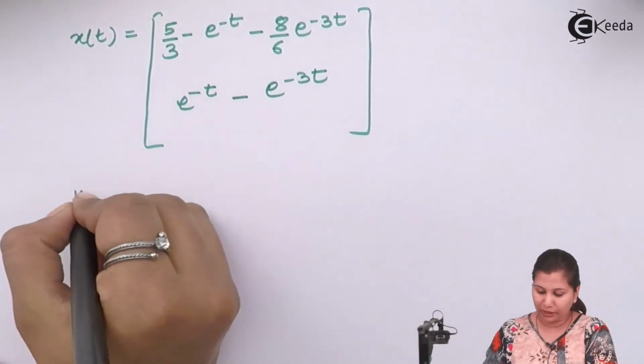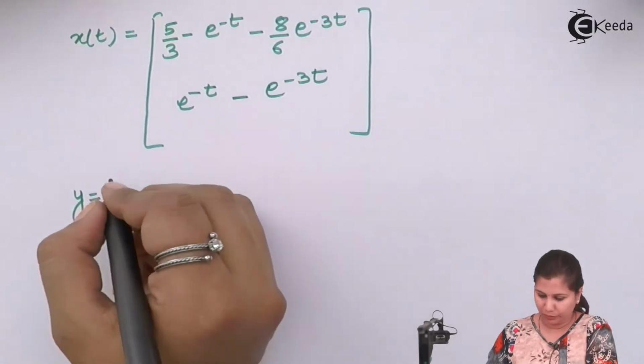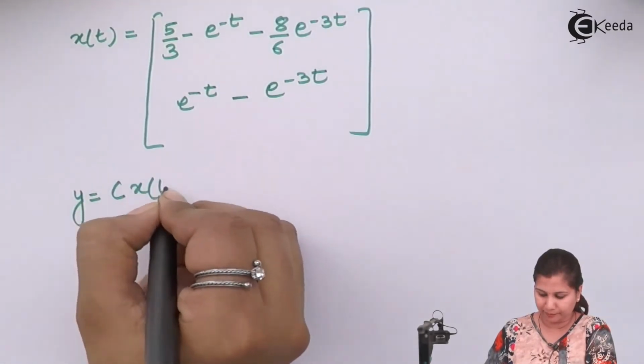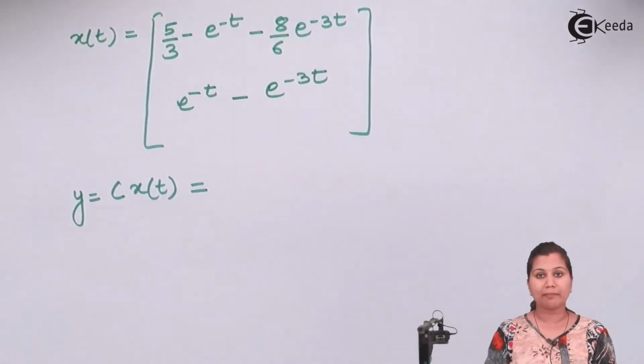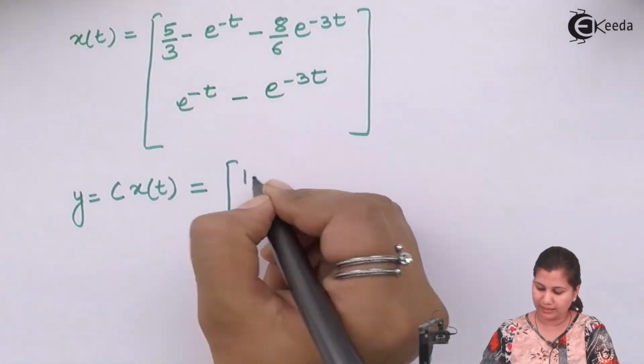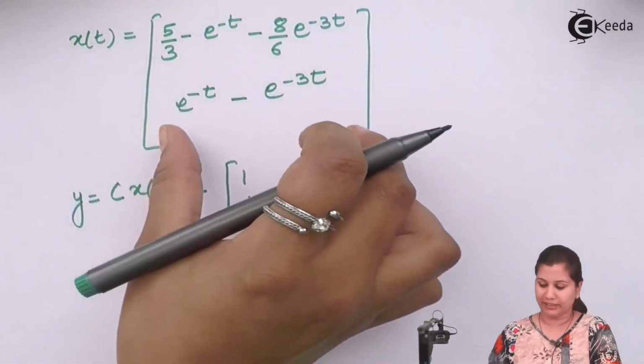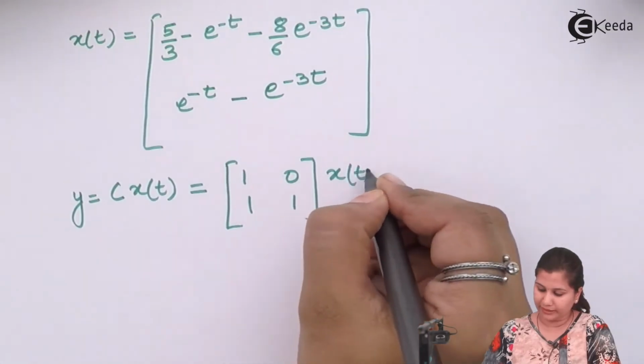Now we have to find out the output also. Okay, so this output is equal to Cx(t). Now the C matrix is given to us in the question. It is [1 0; 1 1]. x(t) we have already calculated, so we will write its value here.